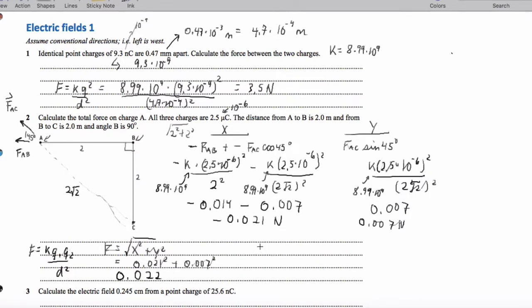Now, we can get an angle for this. It turns out this goes back to our forces stuff from last semester. If I actually take 0.007 and divide it by 0.021 and get that angle, and actually this is the tangent of the angle, then we'll end up getting that theta equals the following.